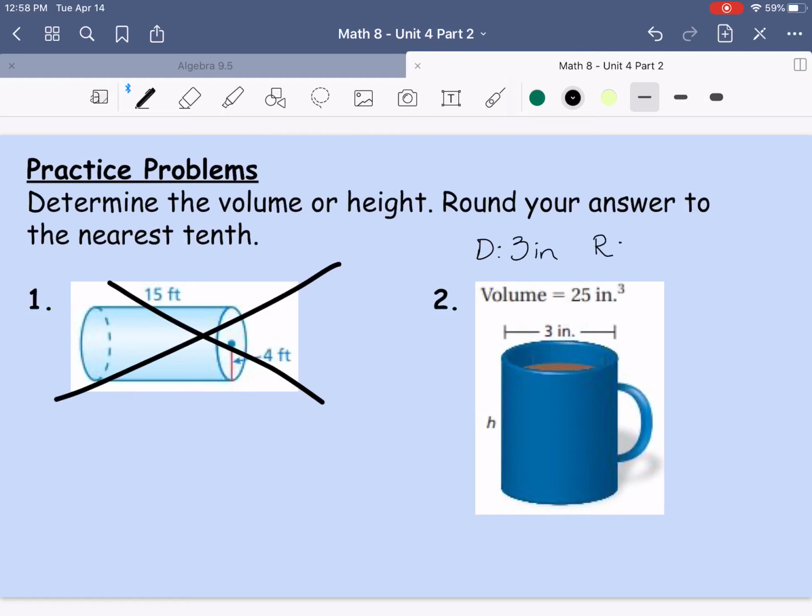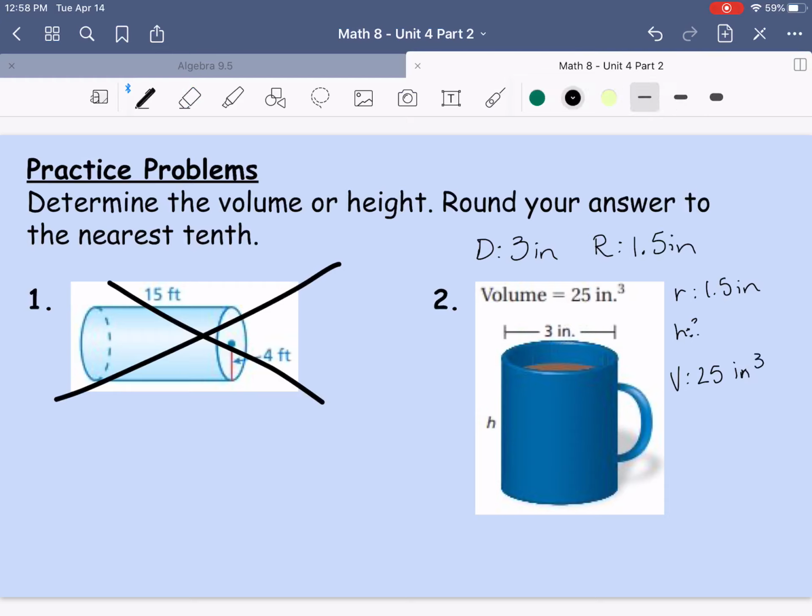So our radius must be 1.5 inches. Okay, the height, we don't know, and the volume is 25 cubic inches.